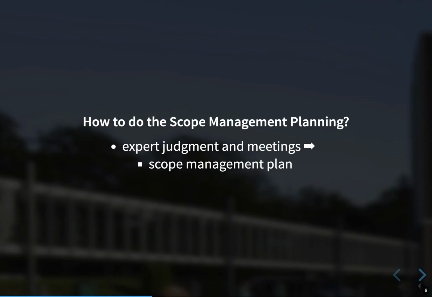The scope management plan is a subsidiary part of the project management plan. So the project management plan holds all the management plans: scope management plan, cost management plan, schedule or time management plan, quality management plan, risk management plan. This is all part of the project management plan.